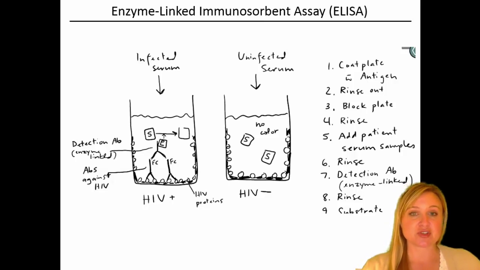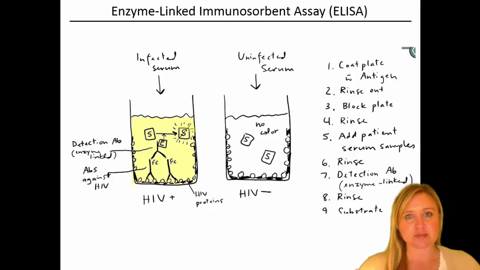And when it cleaves the substrate, we're going to get color produced. So if we see that at the end of our ELISA, our well turns color, then we know that that's a positive result. And in this case, what does that mean? Well, that means that there were, in fact, patient antibodies that recognize the antigen the plate was coated against.